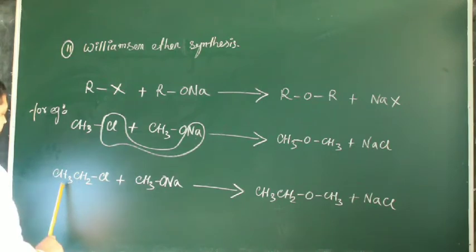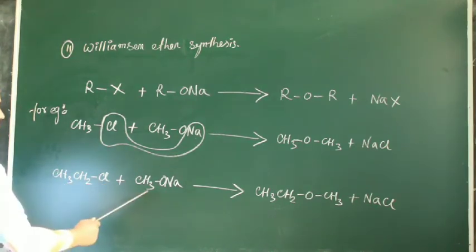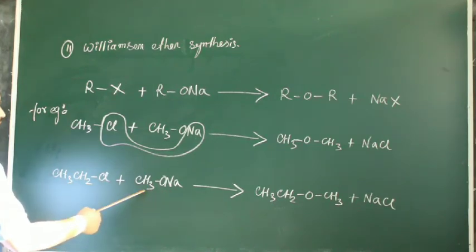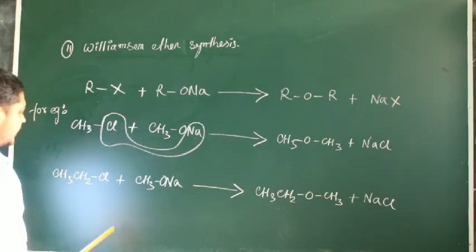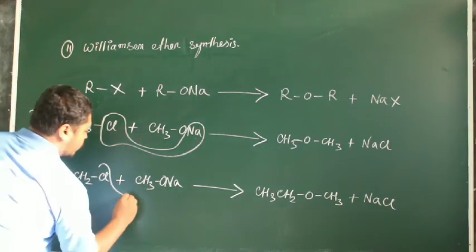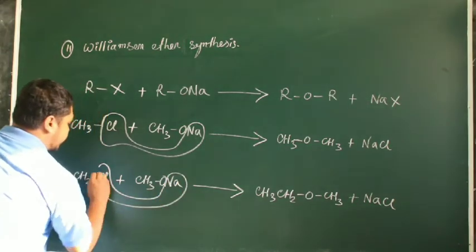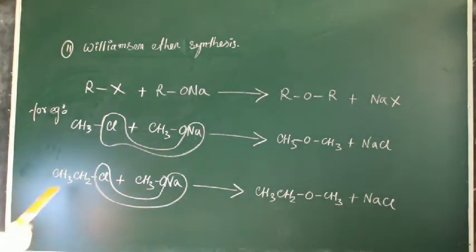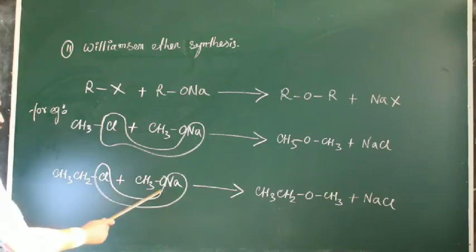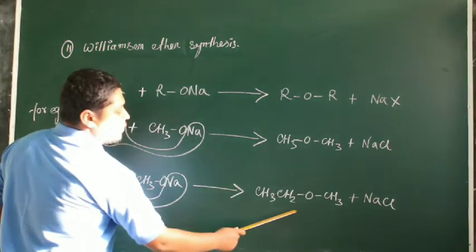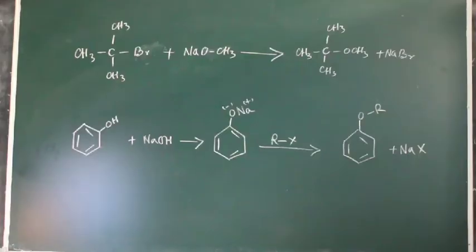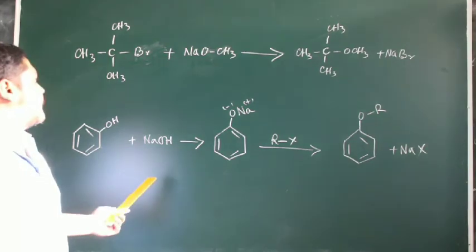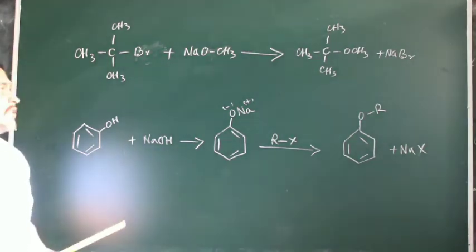This is the ethyl halide, and this is sodium methoxide. Sodium halide will be removed from these two molecules, and the remaining portion CH3CH2OCH3 is the product, and this is the side product. These are also examples of Williamson ether synthesis.